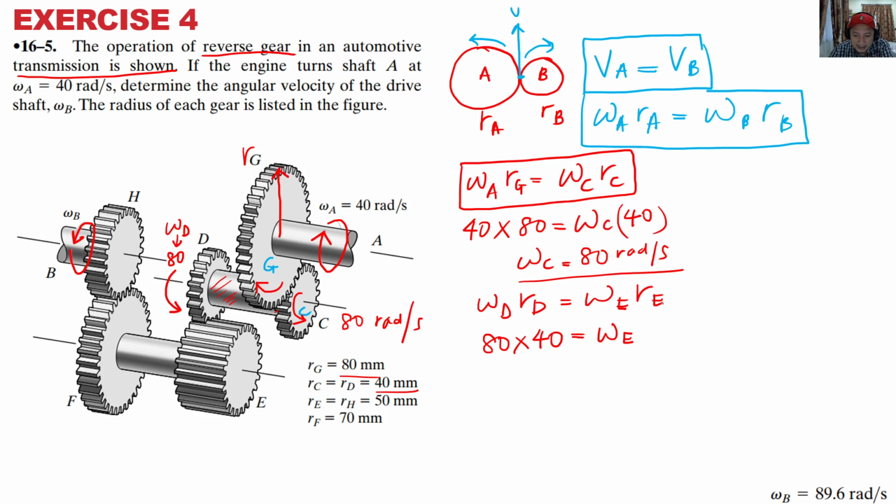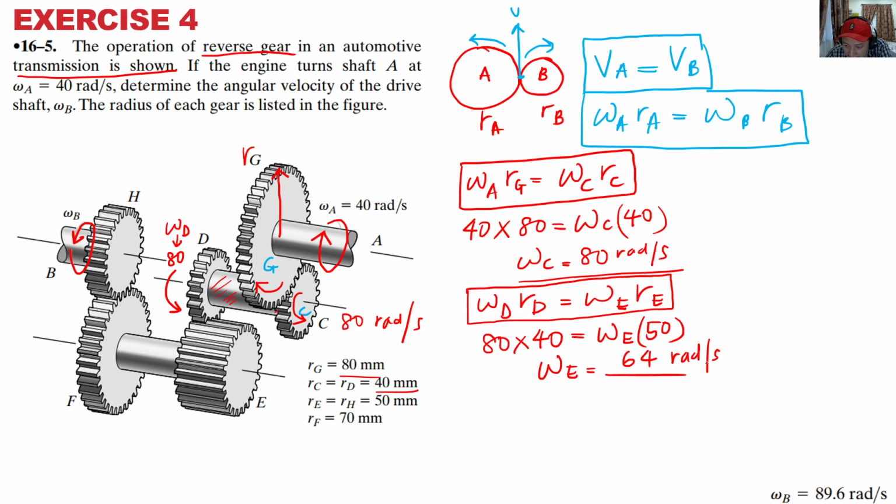Omega E RE, this one is correct. So it's important to maybe rectangle your formula so that you don't reference wrongly. RE is 50. So you're going to get omega E is equal to 80 times 40 divided by 50. This one is actually 64 radian per second.